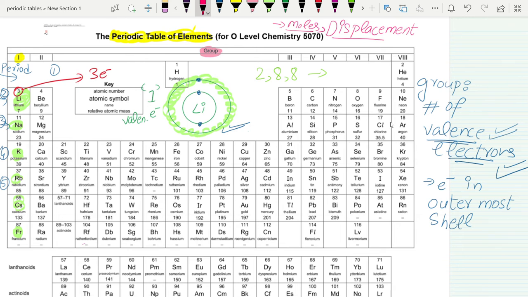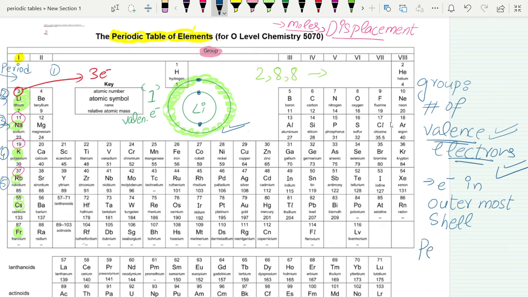Now don't get me wrong, they don't always have the same number of shells. Lithium has 2 shells, the next will have 3, and it will keep increasing. Now you might be confused: what does the period actually mean?